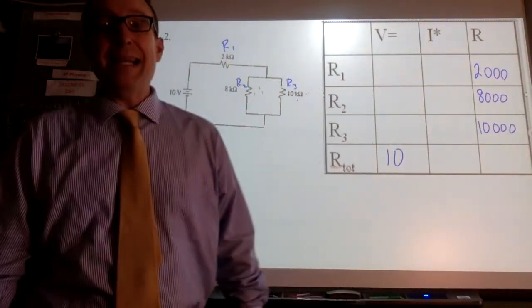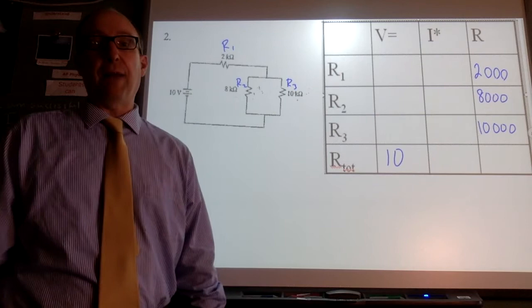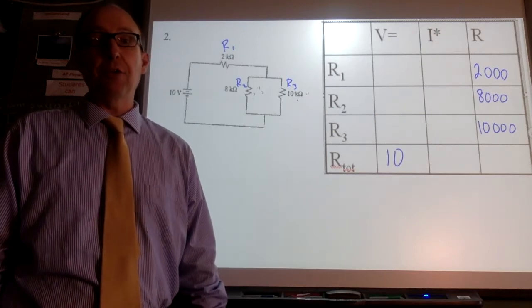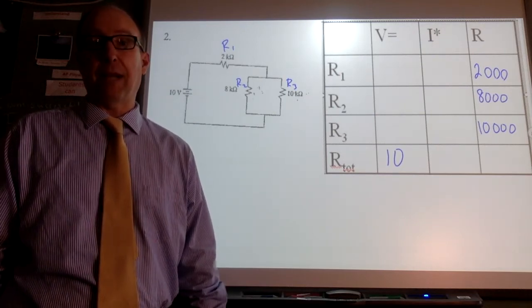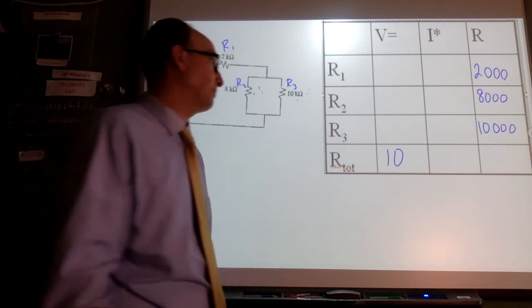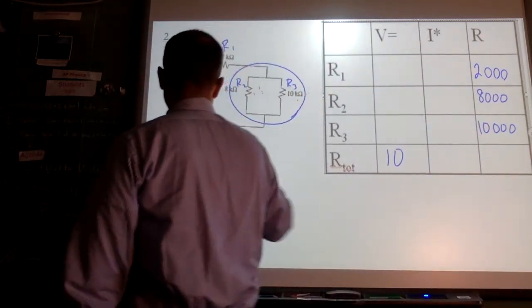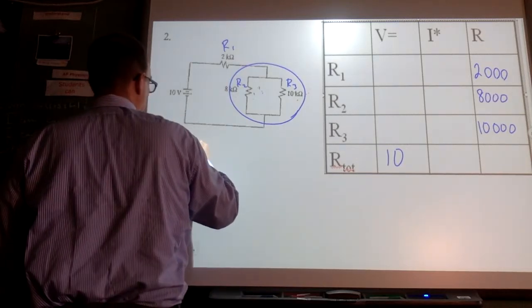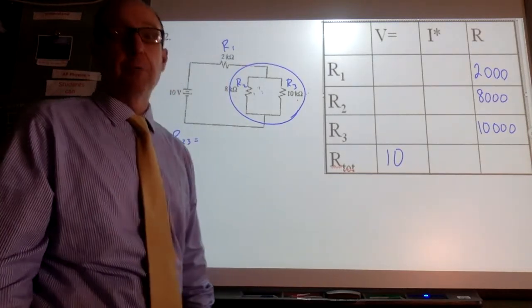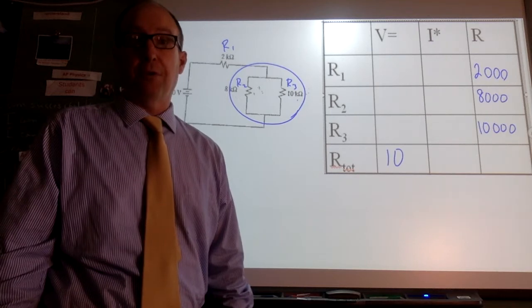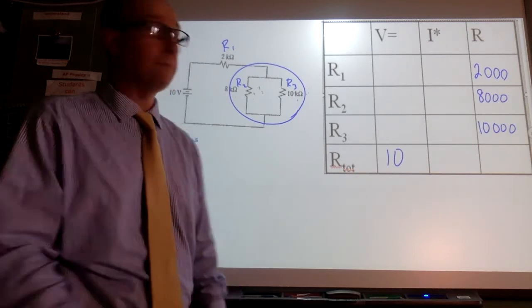All right, so I need to try to combine all of these resistors together. In order to do this, I'm going to simplify this by combining R2 and R3. So I'm going to combine that. And I'm going to call that R23, which isn't a real resistor, but it would do the same thing as R2 and R3 are doing in this circuit.